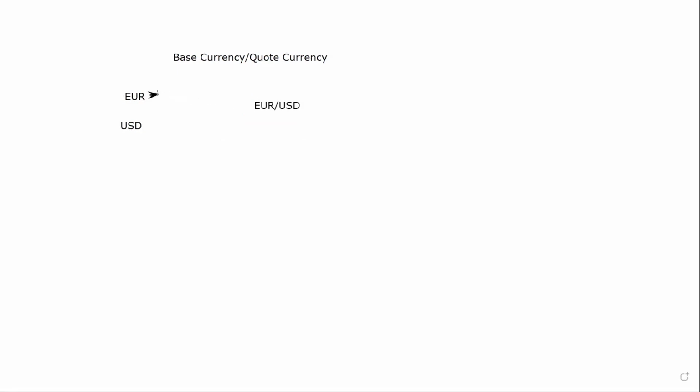We have to study the relationship between Euro and the Euro USD exchange rate, and also between USD and the Euro USD exchange rate. So what is the relationship?